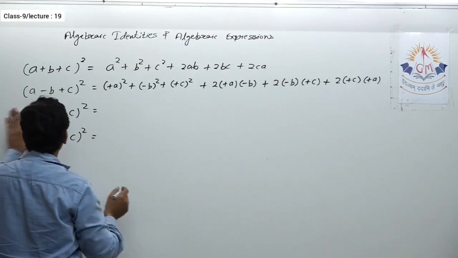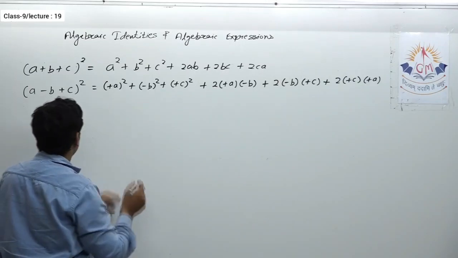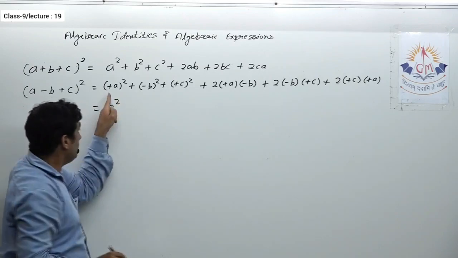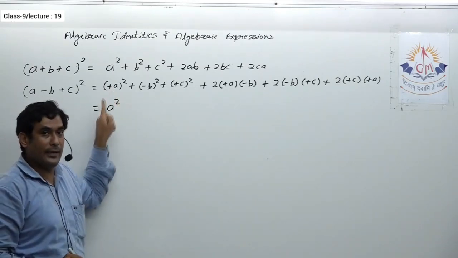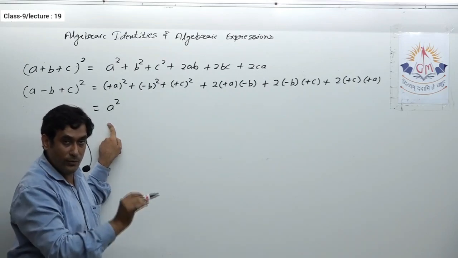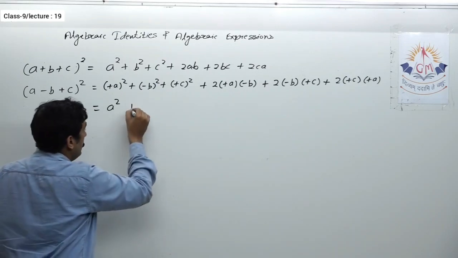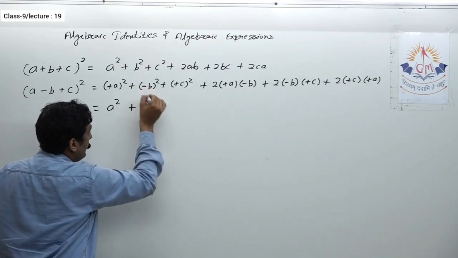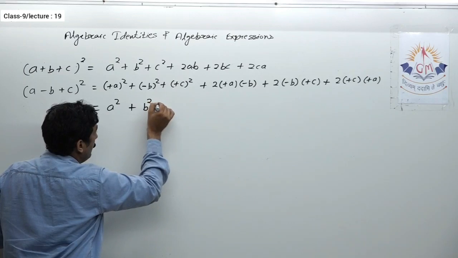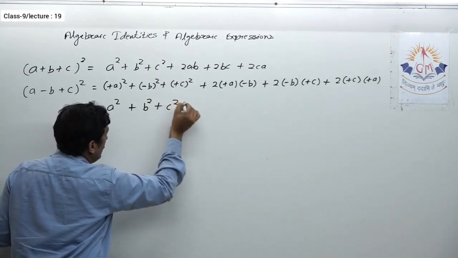Now let me remove this for a while. This is positive a square, so a square. Even if it is a minus sign, it will remain a square only, because the square of a negative is always positive. Similarly over here, minus b square, that is minus b multiplied by minus b, so this will again be b square. Here it will be c square.